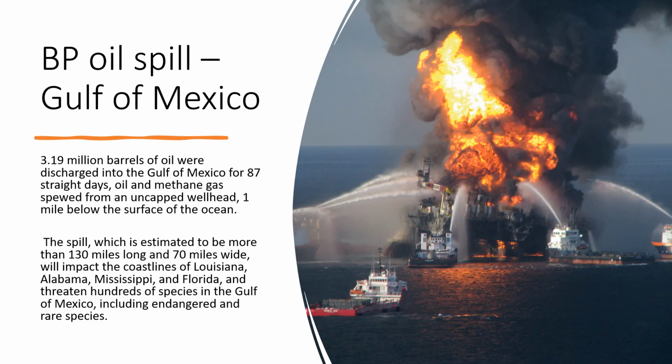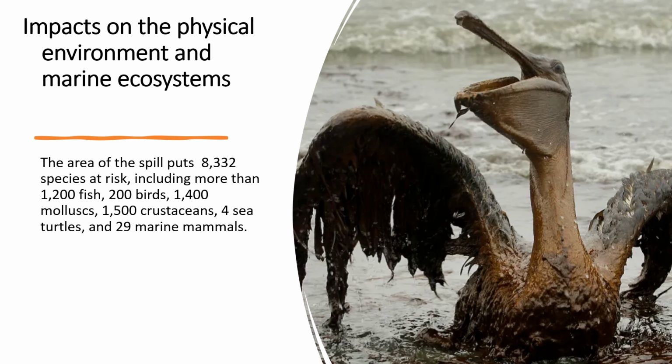There are many. If we think about the impacts of oil spills, here particularly the facts relate to the BP oil spill that happened in the Gulf of Mexico, but many of them will result in oil, and because of the chemistry behind the oil, it will float.